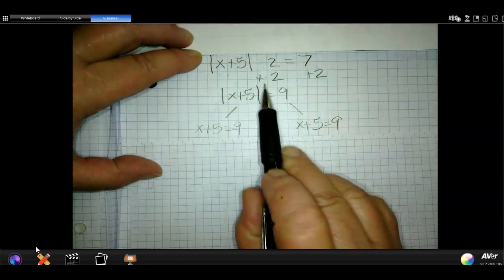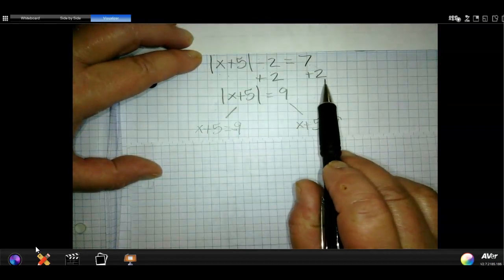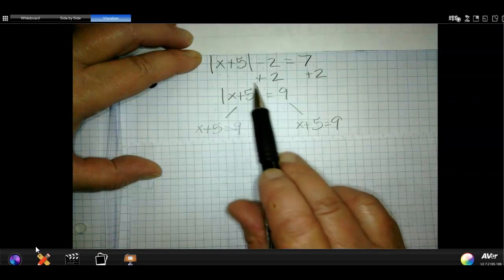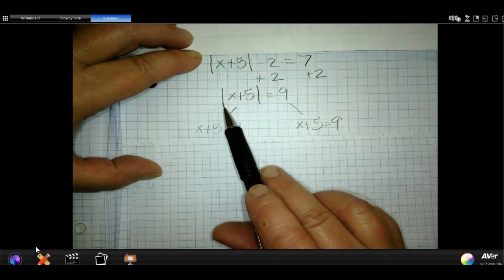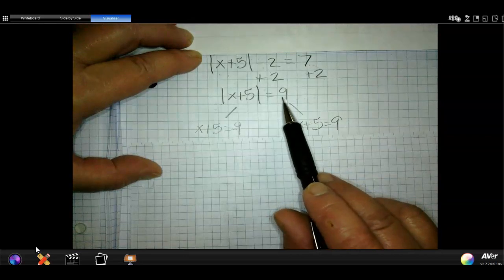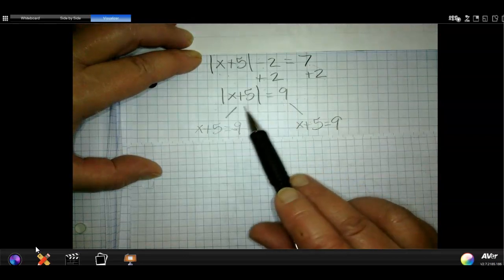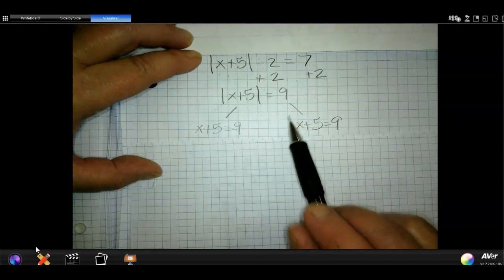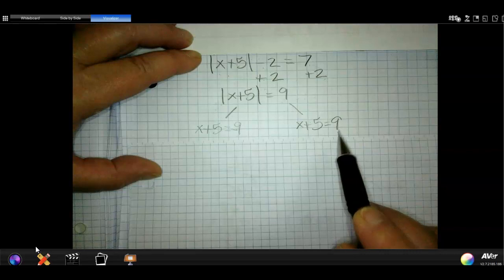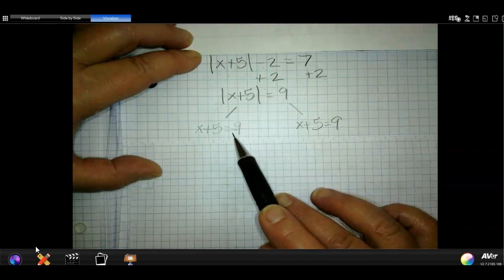And you can see that by adding 2 to both sides, I did that. So now I have my absolute value part isolated, the absolute value of x plus 5, and it equals 9. At this point, I can split the equation into my two solutions, positive 9 and negative 9.